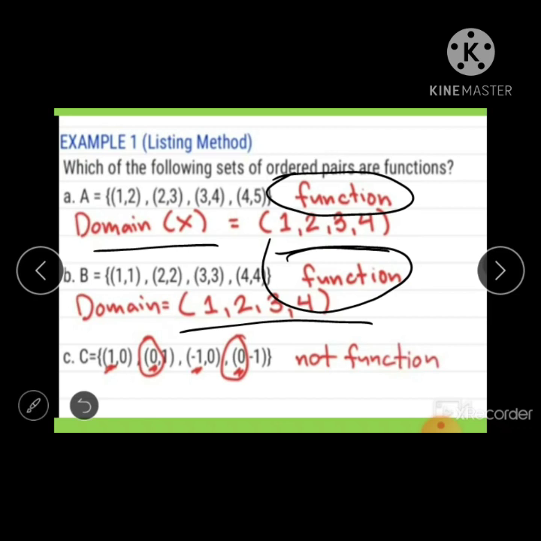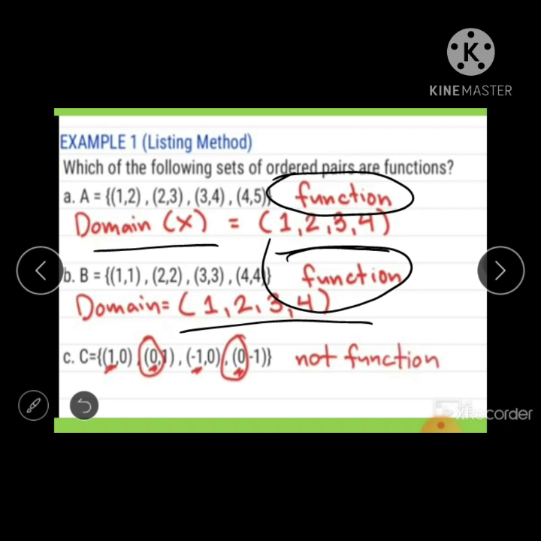So in short, to determine whether it is a function or not. In example C, the ordered pairs are (1, 0), (0, 1), (-1, 0), (0, -1). Look at the first element, or the domain only. They are 1, 0, -1, and 0.